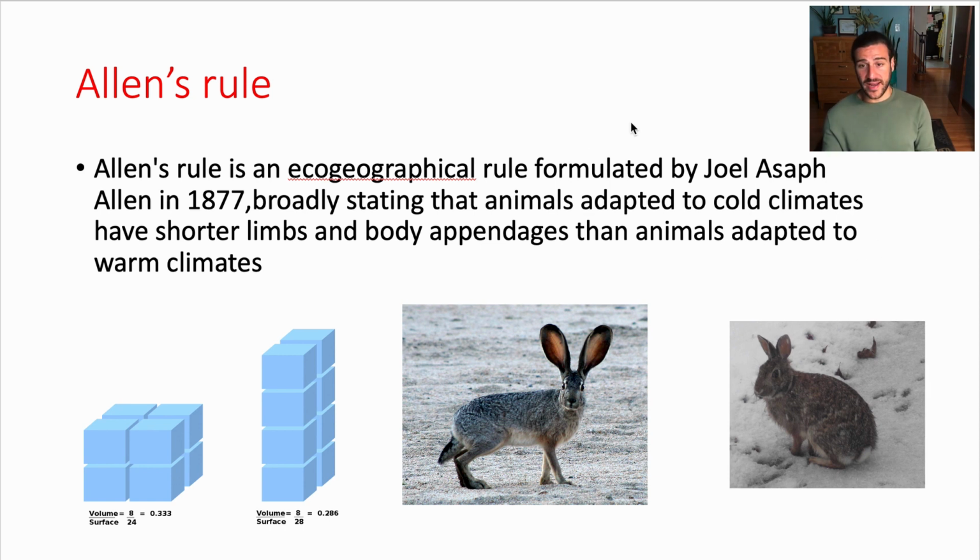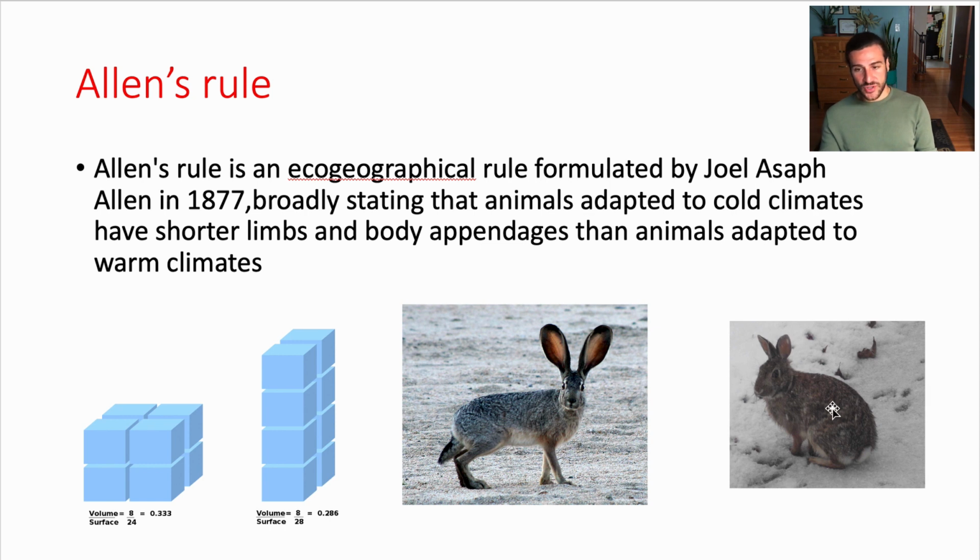And this is a great example. Allen in 1877, so this is very early. This is a really great observation this gentleman made. He formulated this rule, and he realized that animals that are adapted to cold climates are going to have shorter limbs and body appendages than animals adapted to warmer climates.